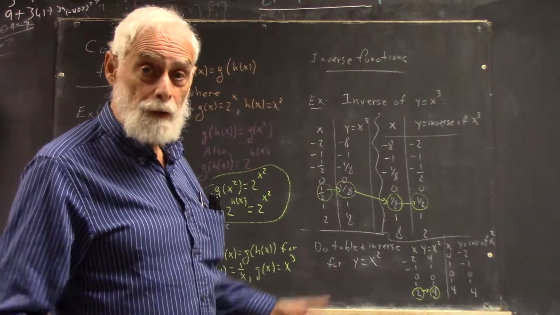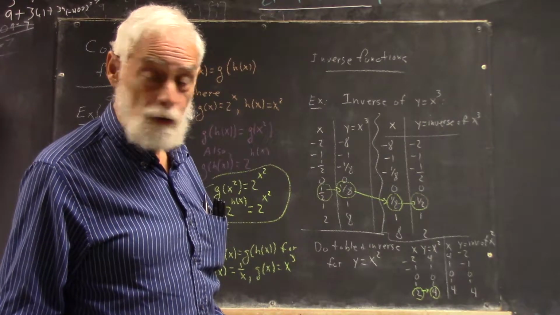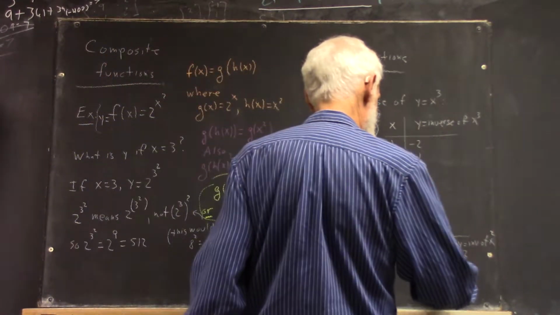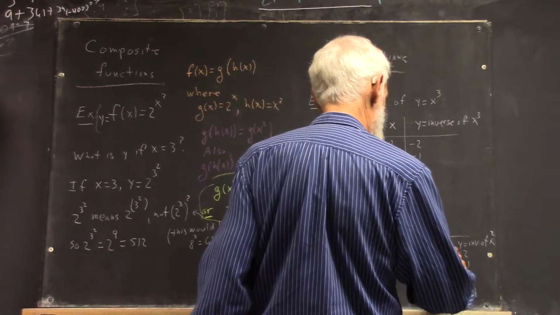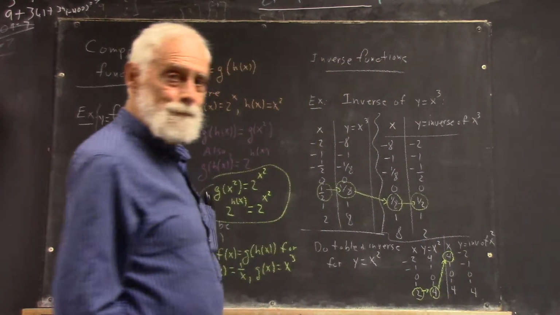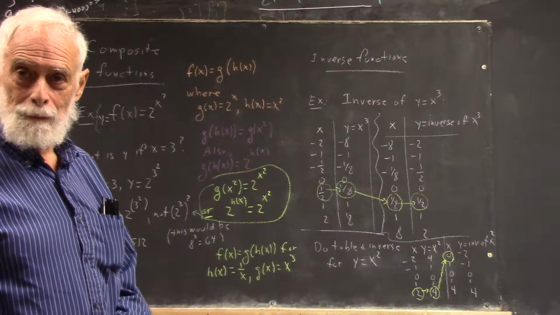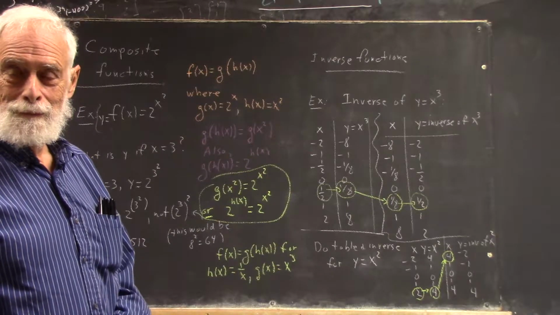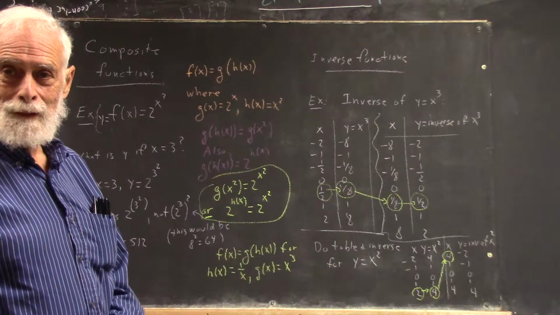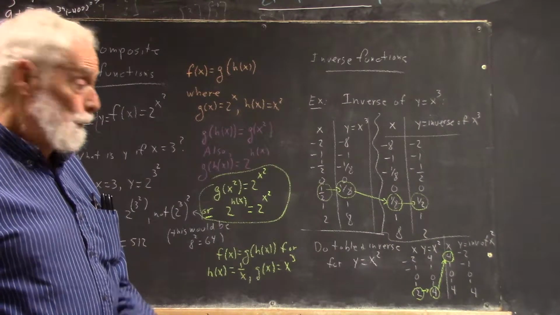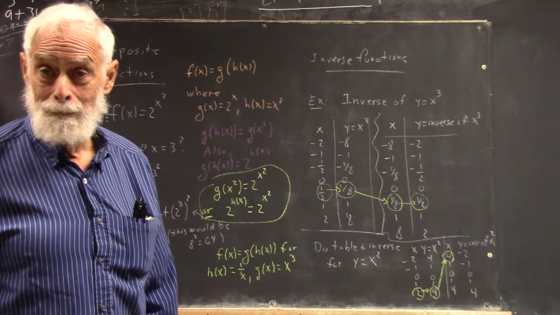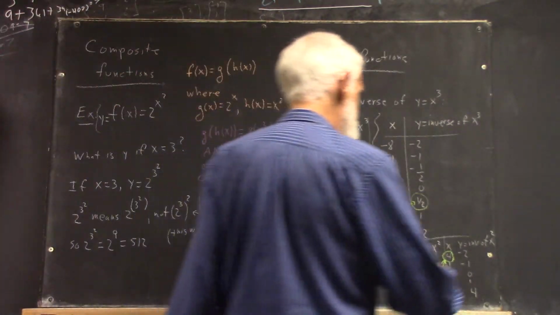So what number do we have to go to? 4. Got to go to 4. Okay, so we go to 4. And then what do we get? Well, what's next to that 4? -2.